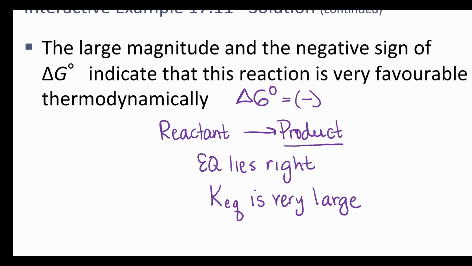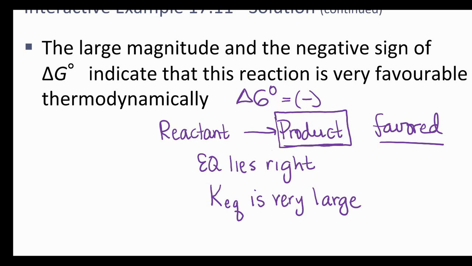All of the things that we talked about in discussing the magnitude of Kc or Ka or whatever the reaction is, if delta G is very negative and has a big value, then K equilibrium is very large, meaning that this reaction is thermodynamically favorable, product favored. And so where we are headed is kind of coming full circle to understand how delta G's relate to K equilibrium.